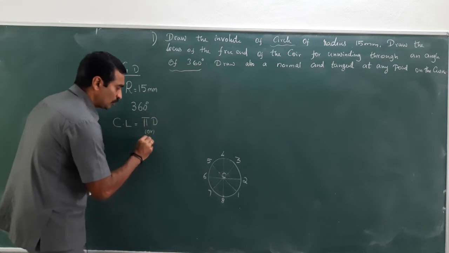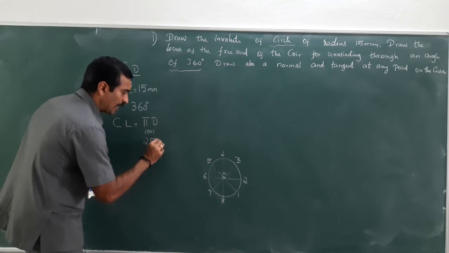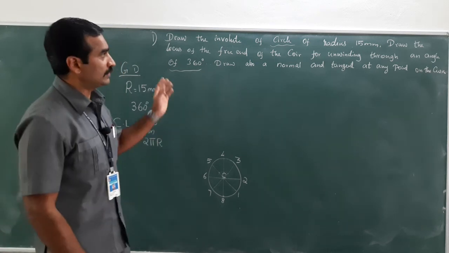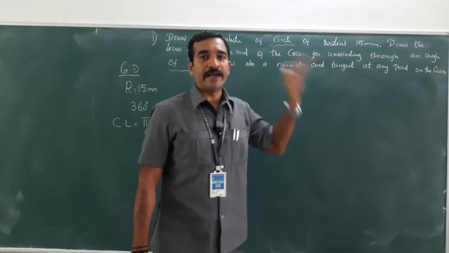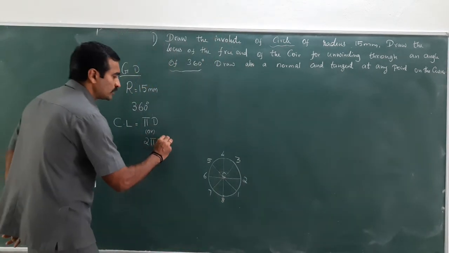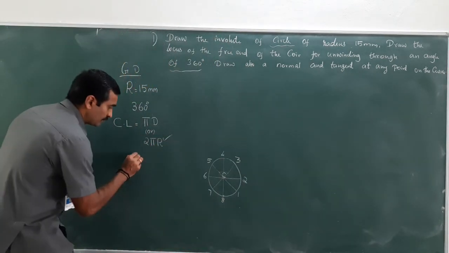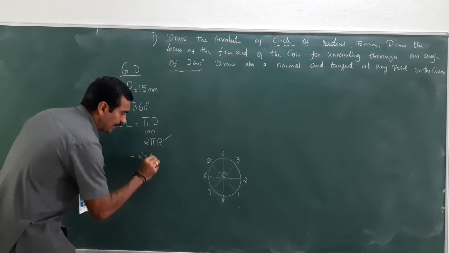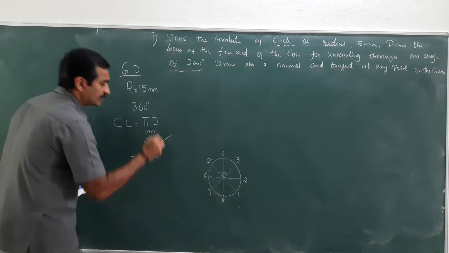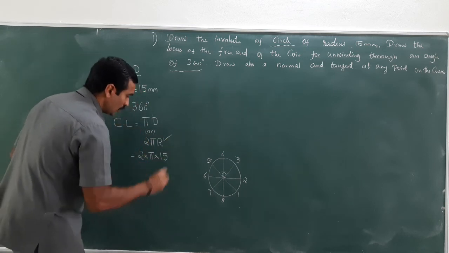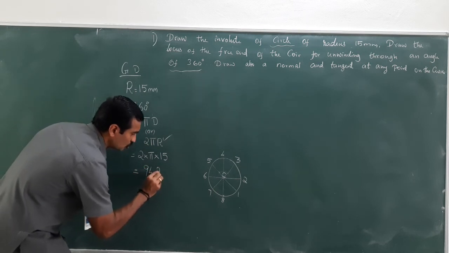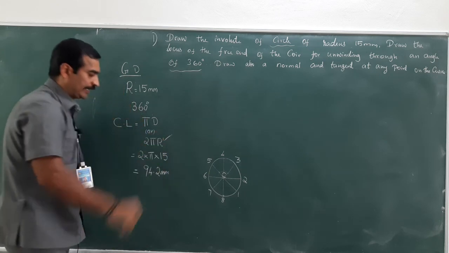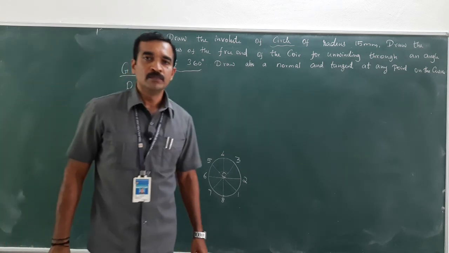or 2 pi r. For this particular problem, the radius is given directly, so I choose the second formula: 2 into pi into radius, which is 15, equal to 94.2 mm.